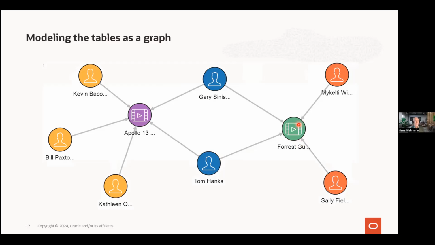So in Forrest Gump, he was on the cast with Michael T. Williamson. So there is an indirect relationship between Kevin Bacon and Michael T. Williamson, for example, through Tom Hanks. And these kind of four joins are represented as edges in that graph, right? So that essentially is our starting point.